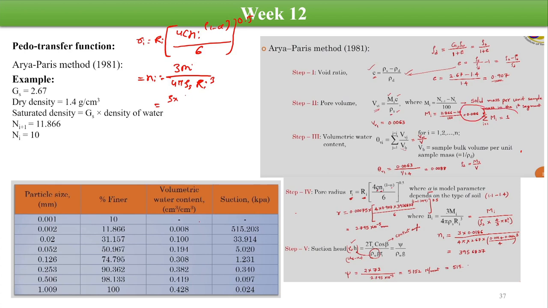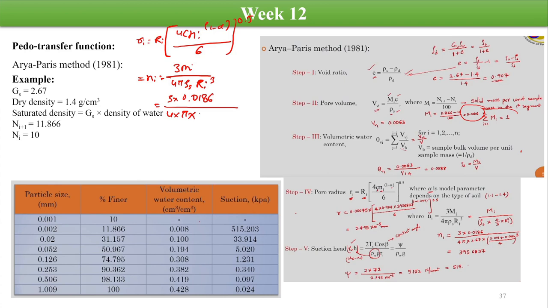that is going to be 0.0186, upon 4 into pi into the term rho s.